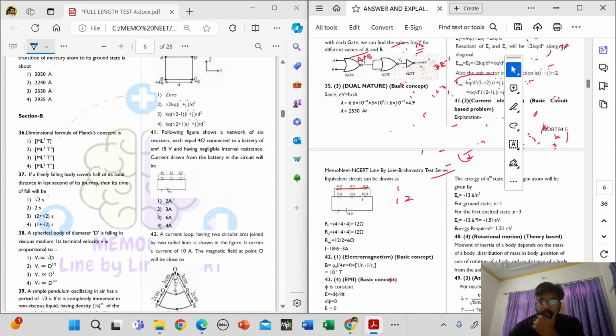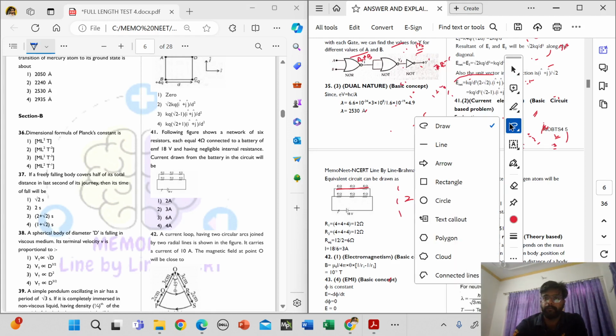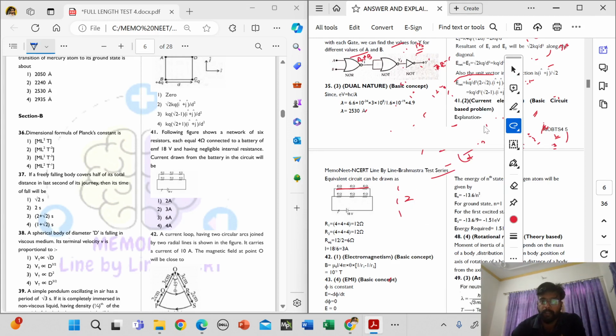And again these three are in series, so again we have 12 ohm. So these 12 and 12 are in parallel, so 12 by 2 will be equal to 6.